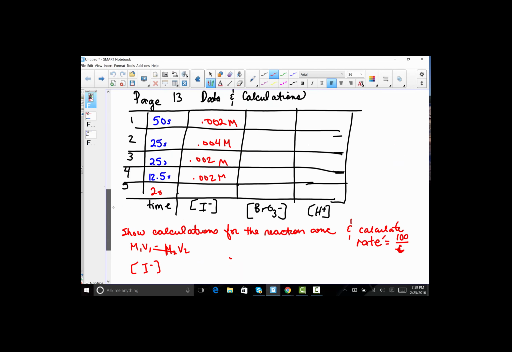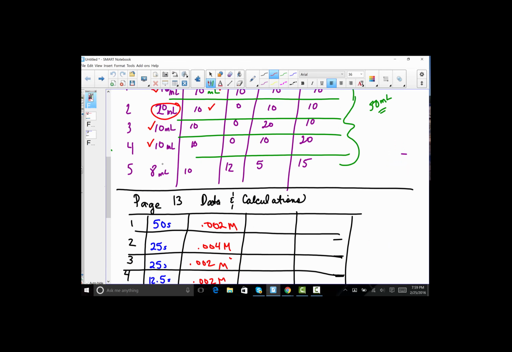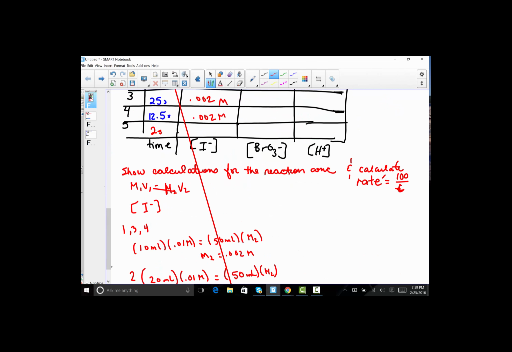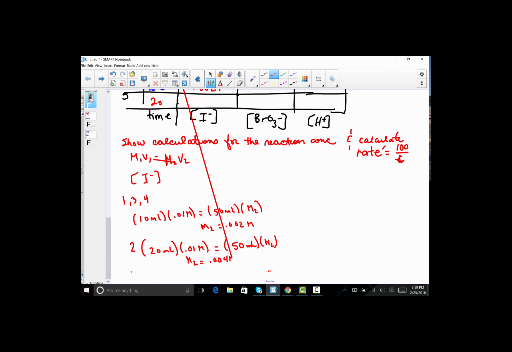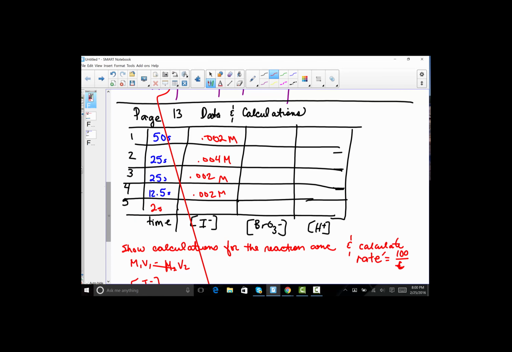And what about that very last concentration? In trial 5, we ran it at 8 milliliters. So 8 times 0.01 set equal to 50 times x, where x is going to be the new molarity, and that's 0.0016.